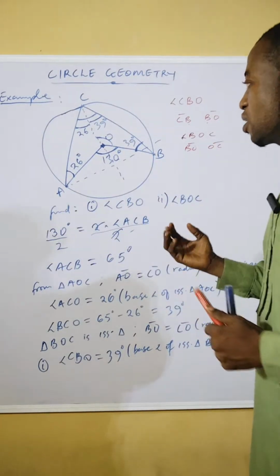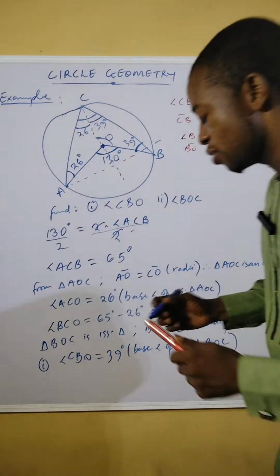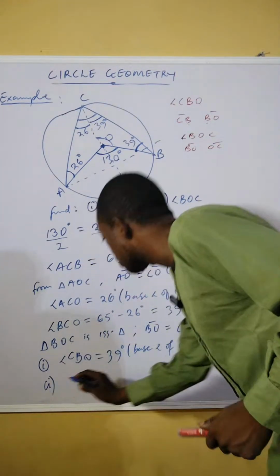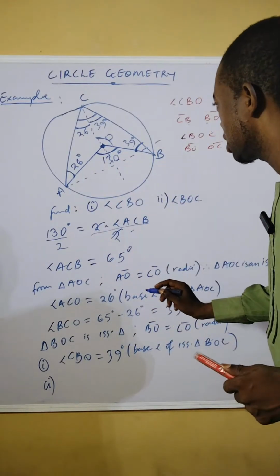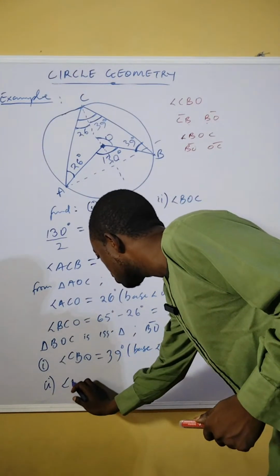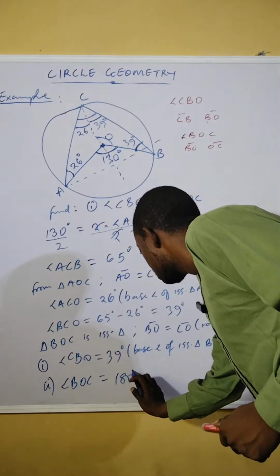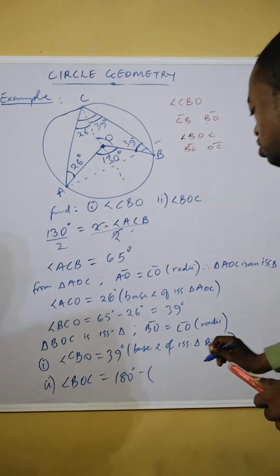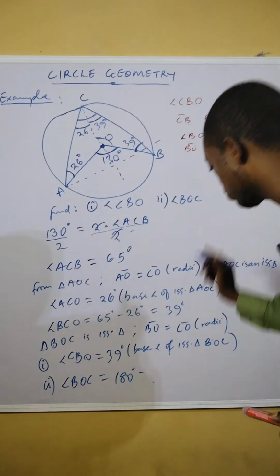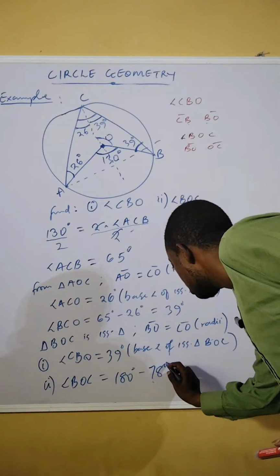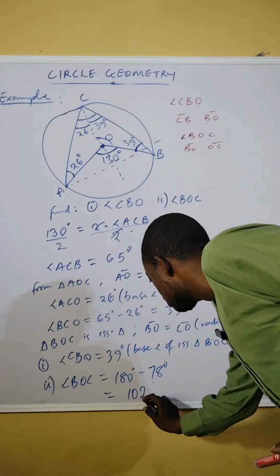So when we have the sum of angles in the triangle, which is 180 degrees, that means we can subtract the sum of these two angles from 180 degrees, and we have angle BOC is equal to 180 degrees minus the sum of these two angles, 39 plus 39, that gives us 78 degrees. And here now we have this angle to be 102 degrees.